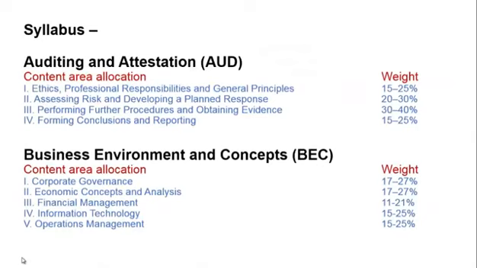In terms of the syllabi, for auditing, you can see that there's a weightage between ethics, risk assessment, audit procedures, and reporting. For the business environment paper, it is split between corporate governance, financial management, and operations and economics.